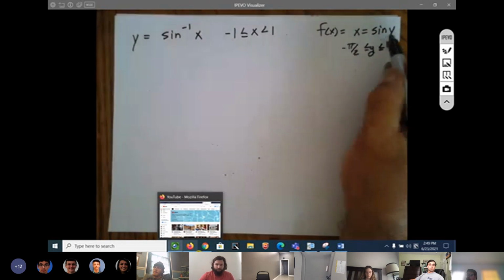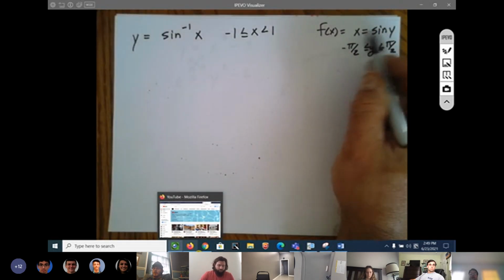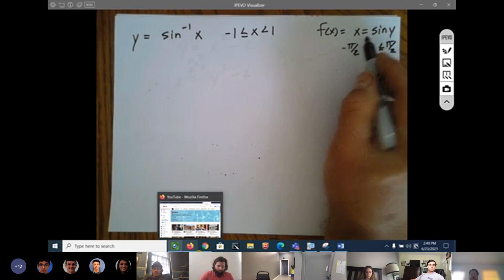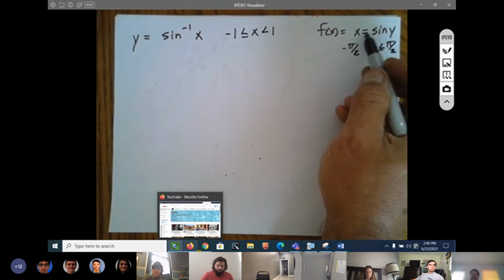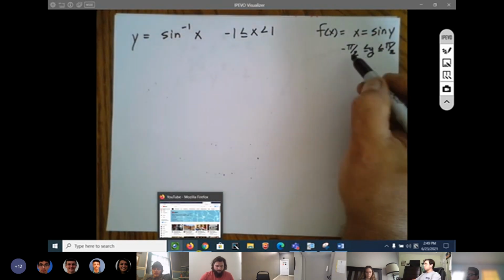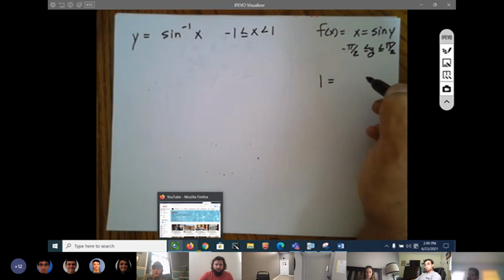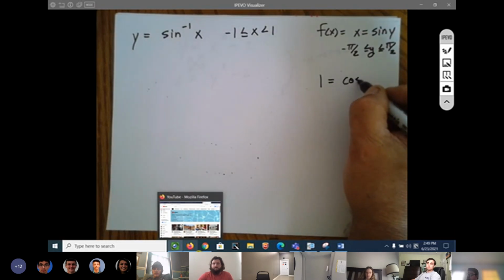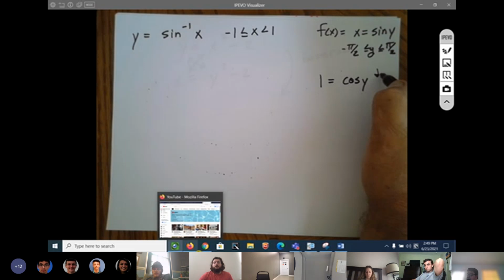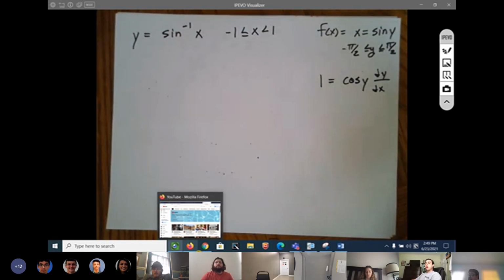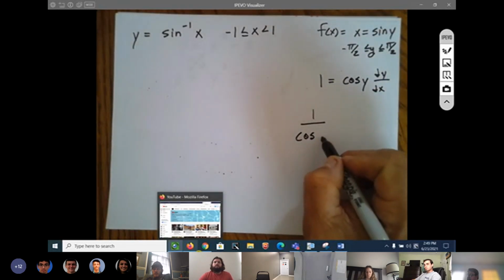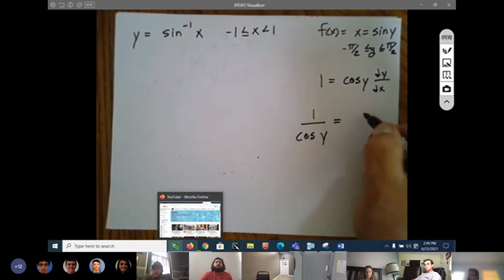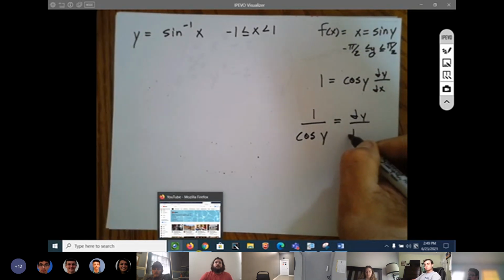Now, if I took the derivative of this function, this is the inverse function, I just switched y and x, and it became a regular function. Then that would be 1 is equal to cosine of y dy dx, or y prime, and then 1 over cosine of y is equal to dy dx.